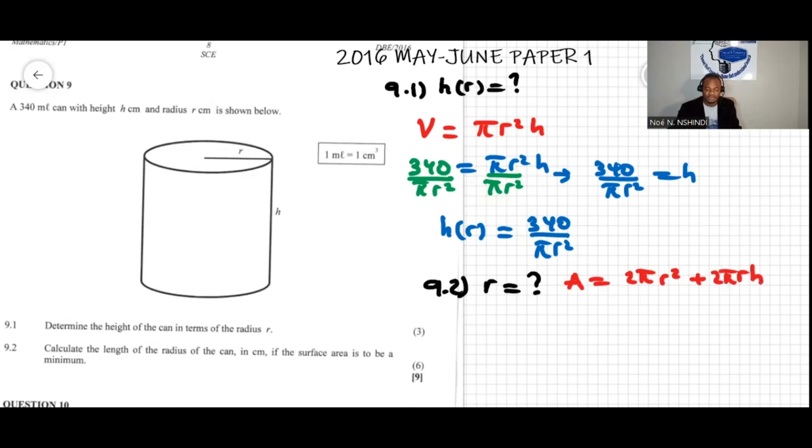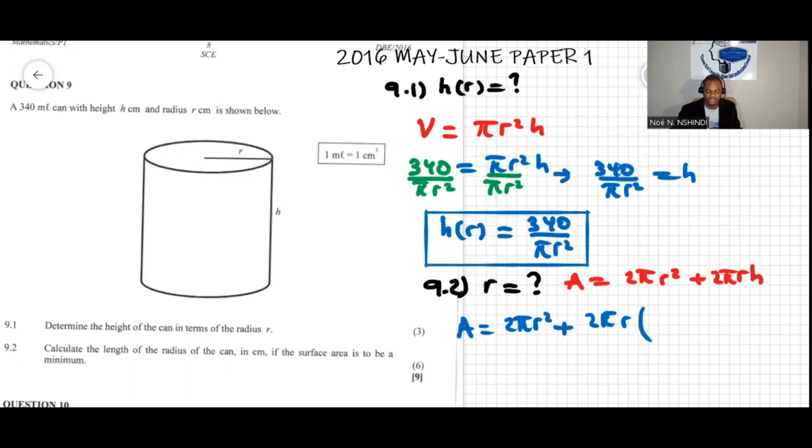Okay. Now we can see that we have two variables here, r and h. In the previous question, we did express h in terms of r, so we can substitute h by its value. So the surface area will be 2 pi r squared plus 2 pi r times 340 over pi r squared. Okay, and then let's simplify.